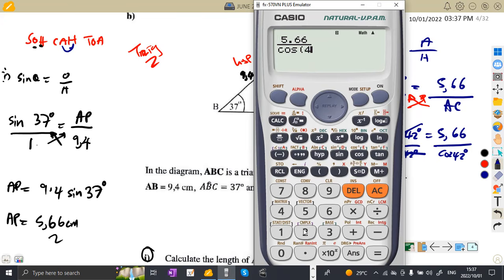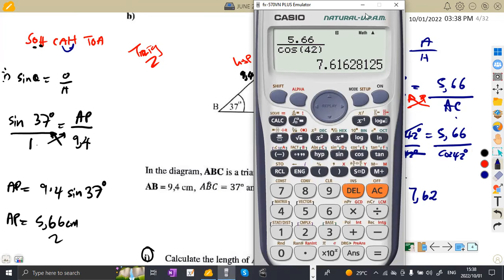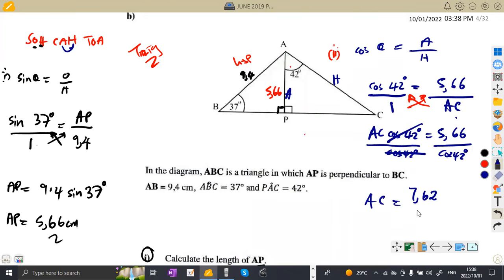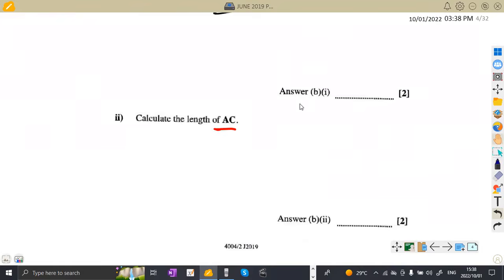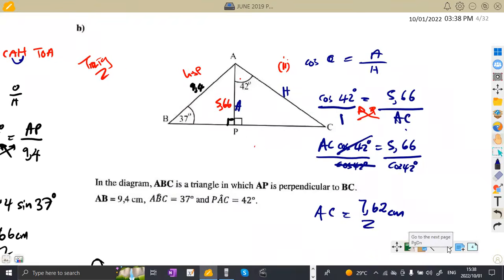Using your calculator, we obtain 7.616 something, so rounded off it is 7.62. Because of rounding off, remember, it will affect your answers, so make sure you maintain the degree of accuracy that you are told to use on that part.